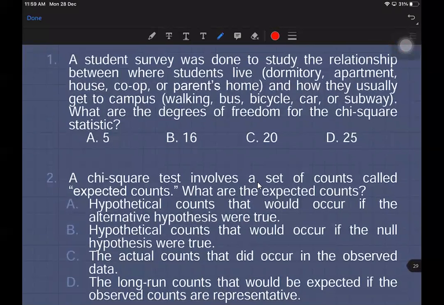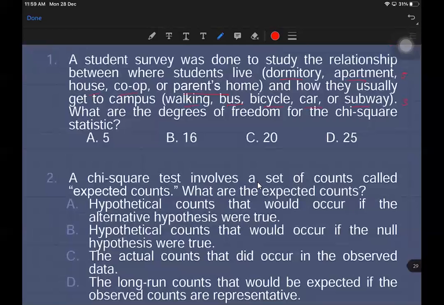More exercise. A student survey was done to study the relationship between where students live: dormitory, apartment, house, co-op, and parents' house. So we have 5 categories on this one variable, and how they usually get to campus: walking, bus, bicycle, car, subway.